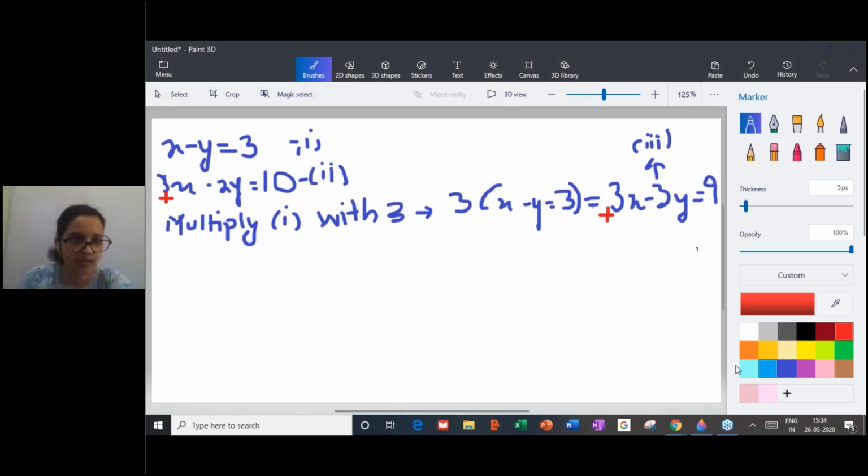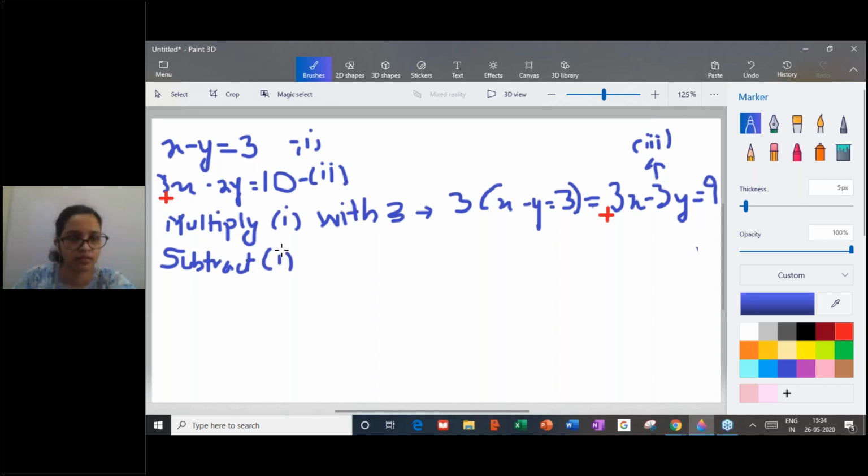When you subtract, you'll get one place x will be negative. So you write, subtracting equation 2 from 3, right? 2 from 3 means you write the third equation first, which is nothing but 3x minus 3y is equal to 9, and then 3x minus 2y is equal to 10.